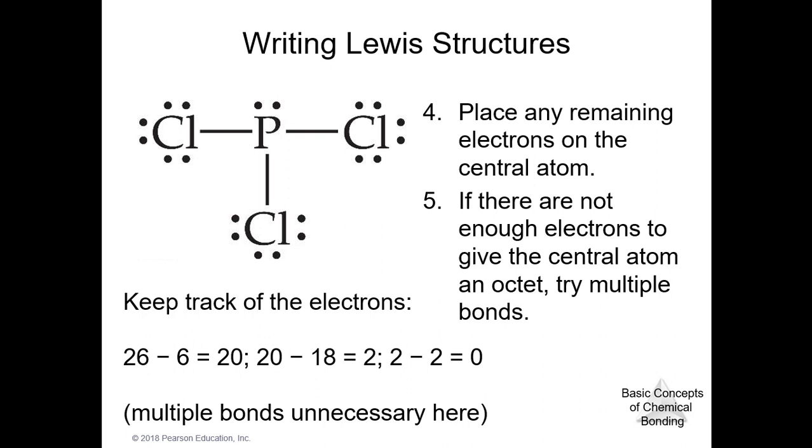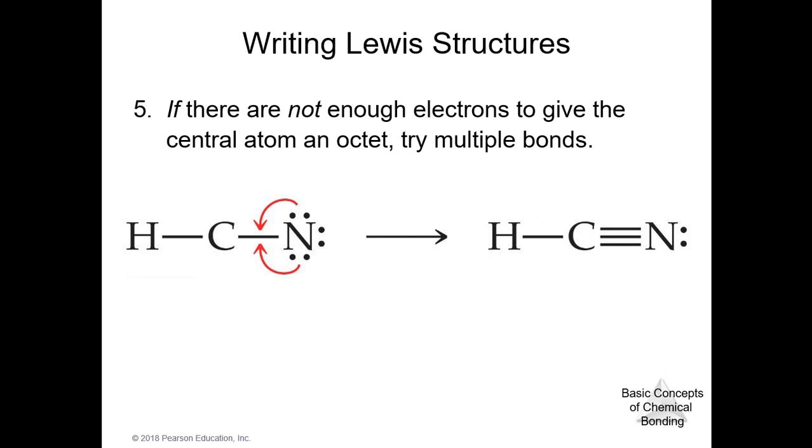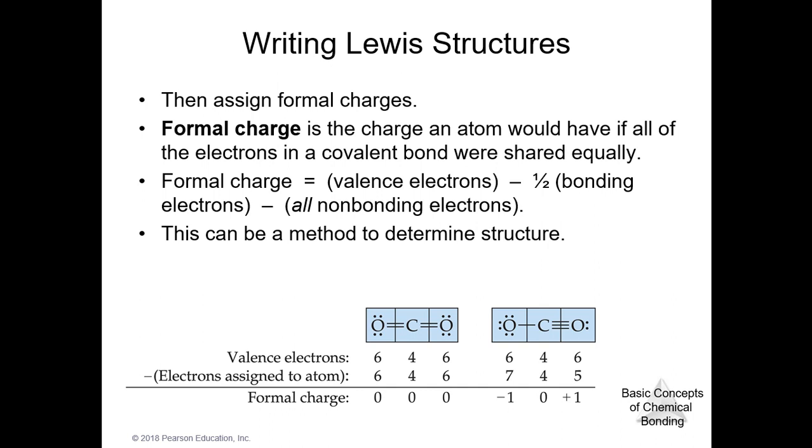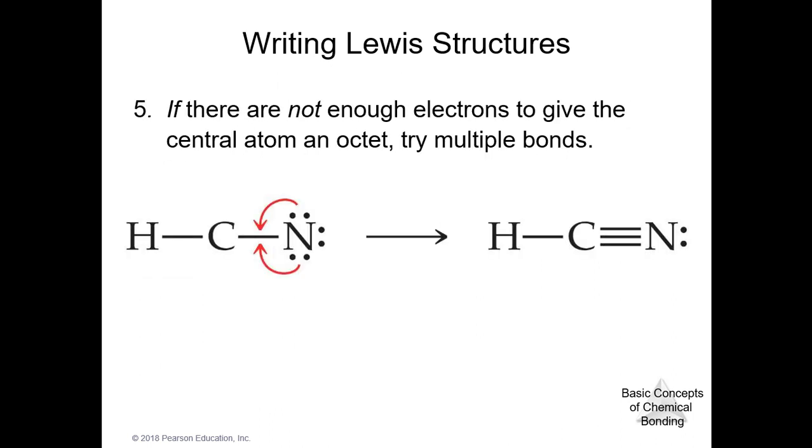If you have any extra electrons, you can still put them on the center atom. One more situation: what if you don't have enough electrons to make 8 electrons on the center atom? At that time, you can make a double bond or a triple bond and make 8 electrons. That is how you draw Lewis structures.